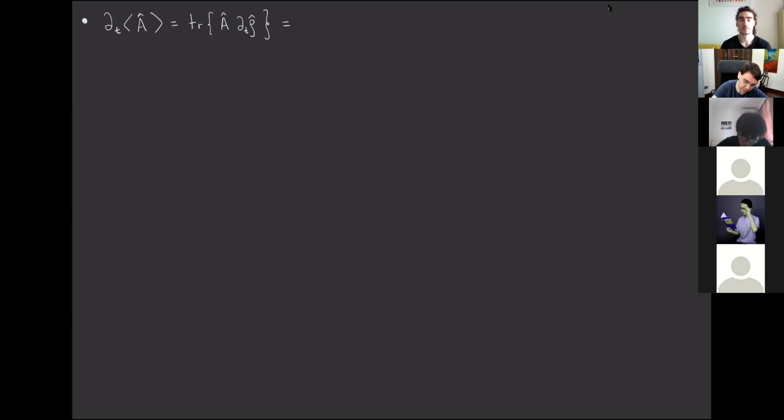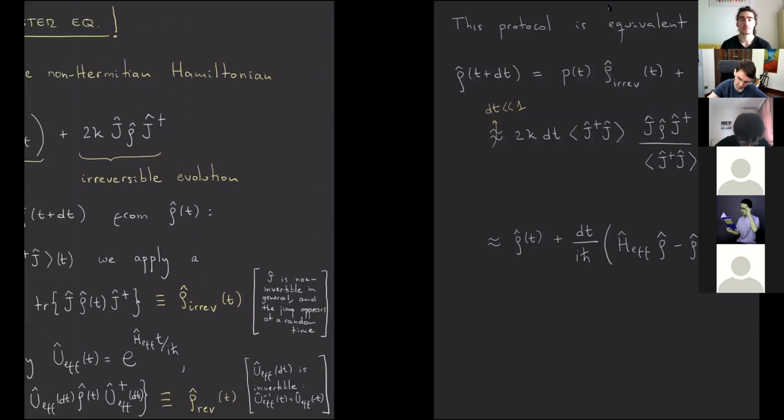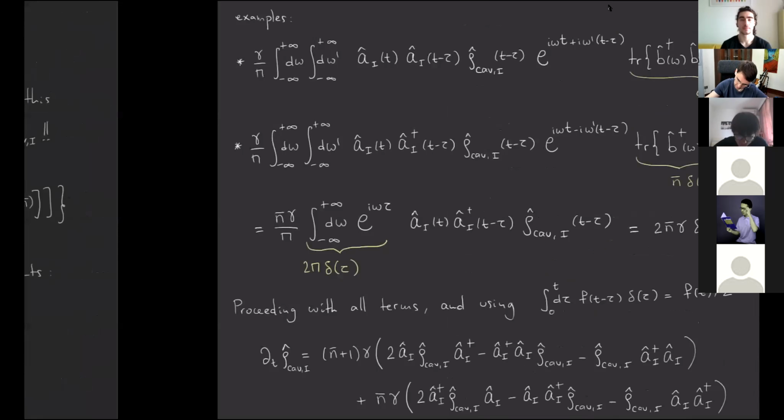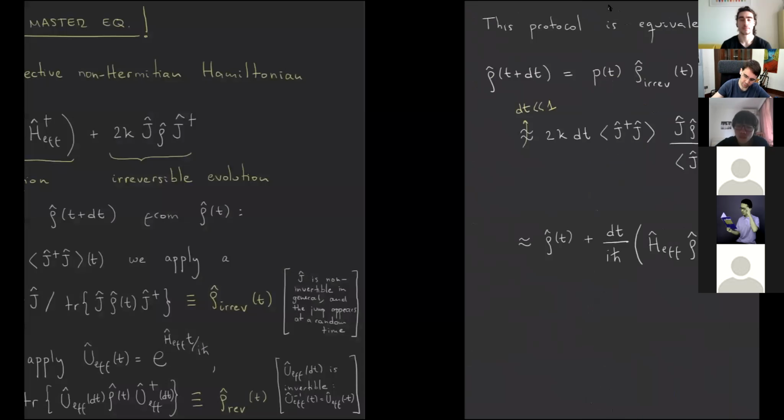Now, we know the time derivative of the state because it is just the master equation, okay? And I will just assume that we have a generic master equation. So just imagine that this is the evolution equation of the state, a generic master equation in Lindblad form. So now I can substitute this in the time derivative.